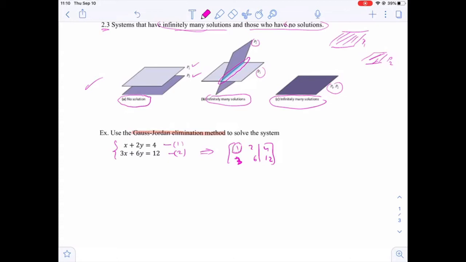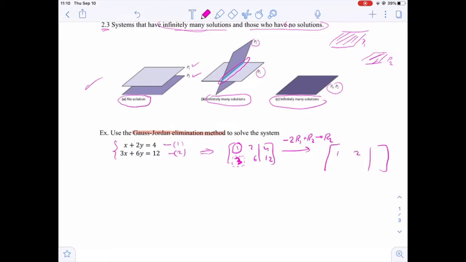But here this is equal to 1, so we don't have any problem. We need to make this 3 replace it with 0. How to do this? We multiply the first row by -2 and add it to row 2.